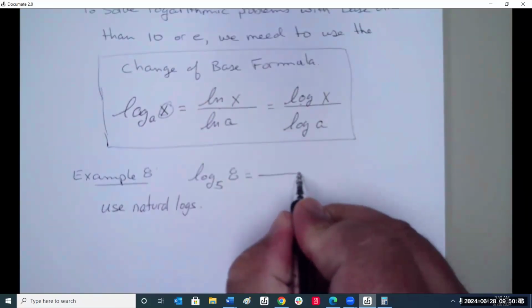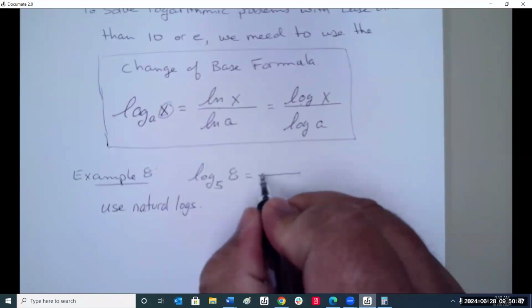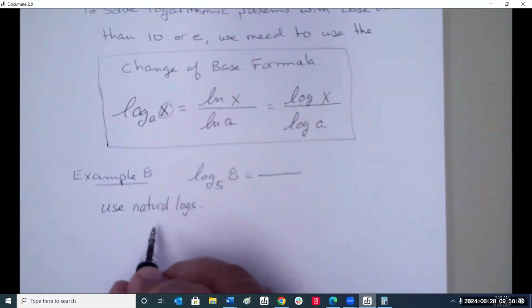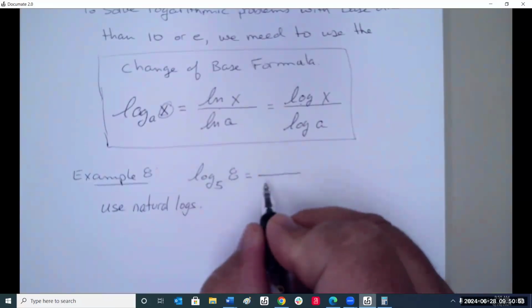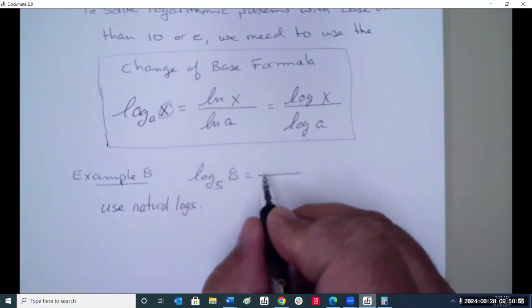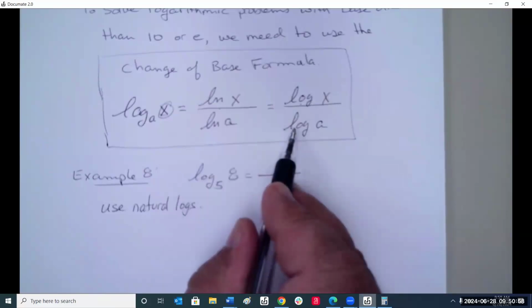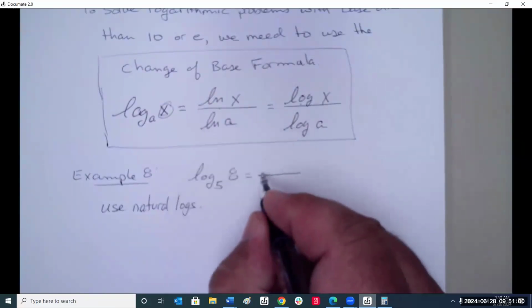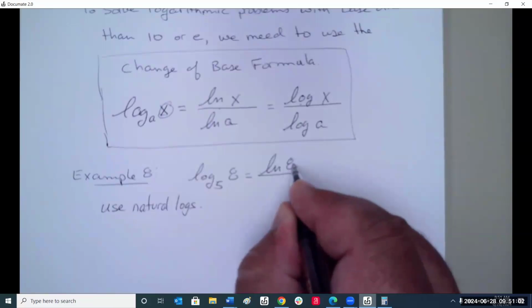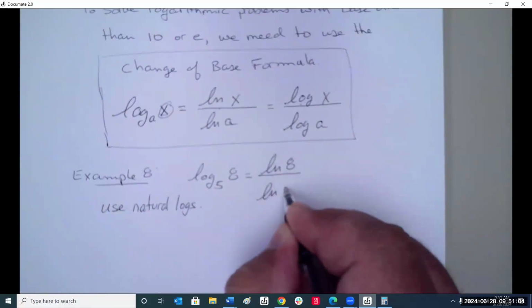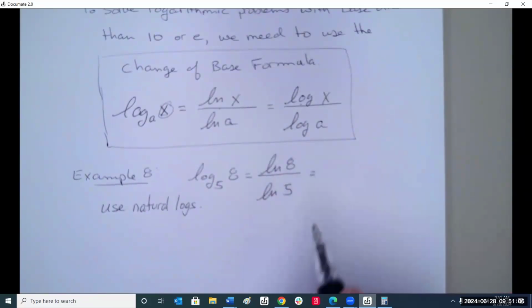So it would look like, natural logs are what? Is it ln or log? Ln. Yeah, so it's ln 8 over ln 5.